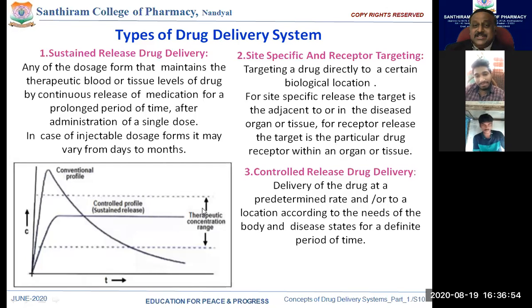Fine. So here, between these two dotted lines, it has been mentioned: therapeutic concentration range. That means if you want to say the drug is working perfectly, wonderfully, excellent, very ideal, the release should be within the therapeutic concentration range.